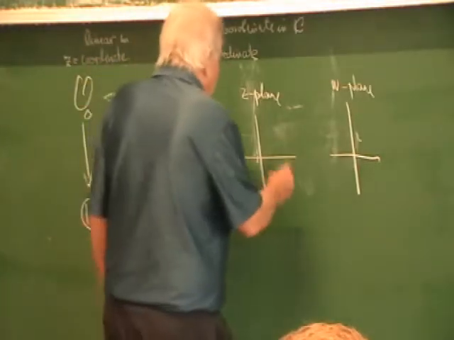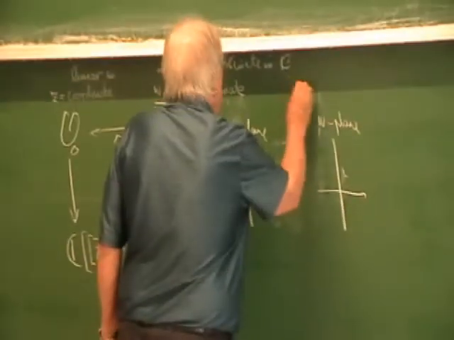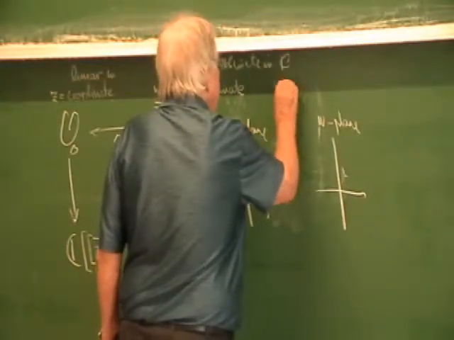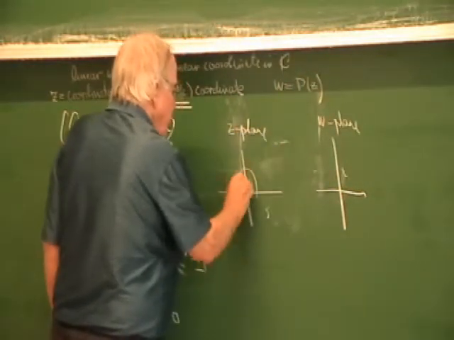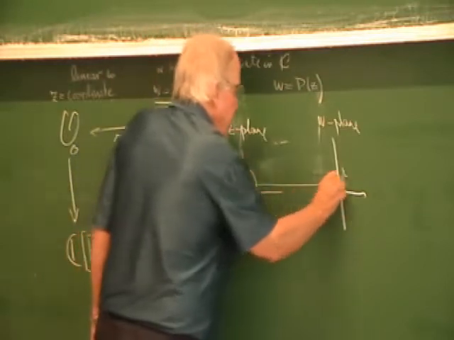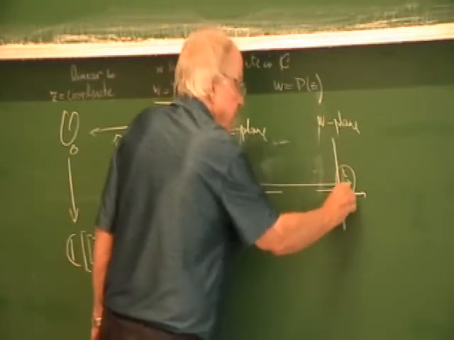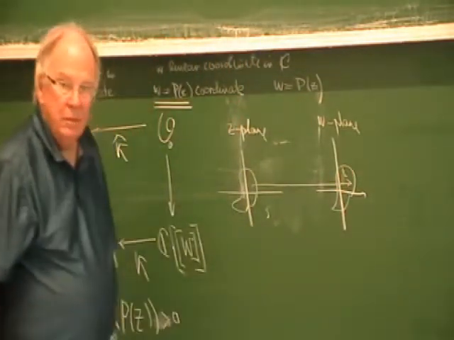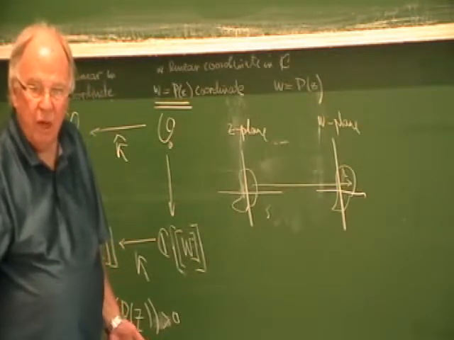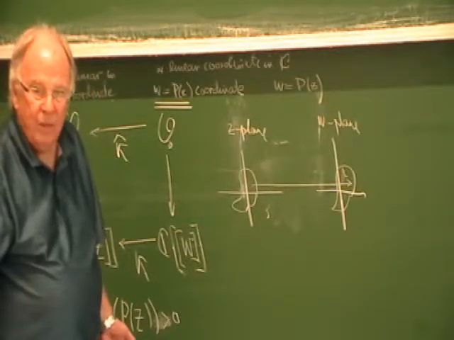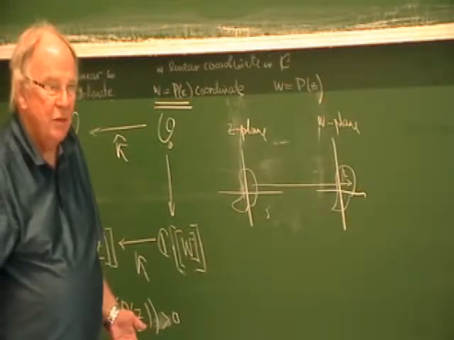But the point is that they are connected by this map, W equals P of Z. And this mapping is only defined here. Right? Because it's only convergent in some small neighborhood. I don't know where the heck it's defined.